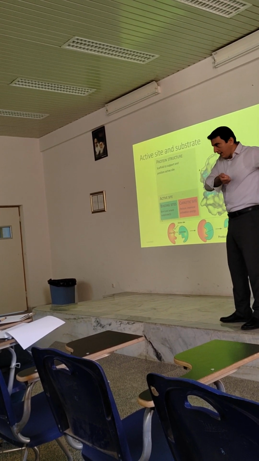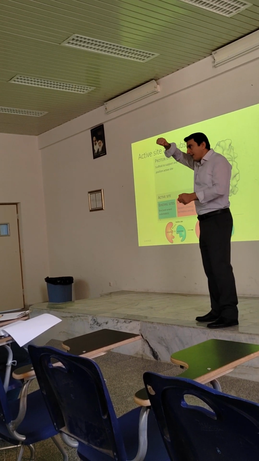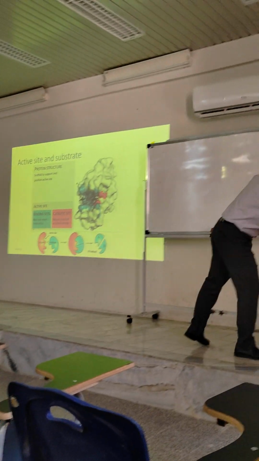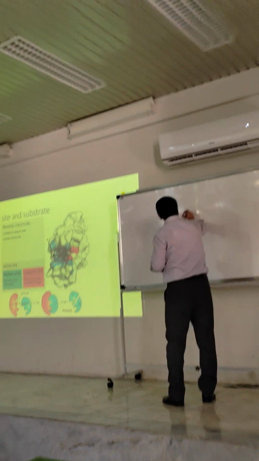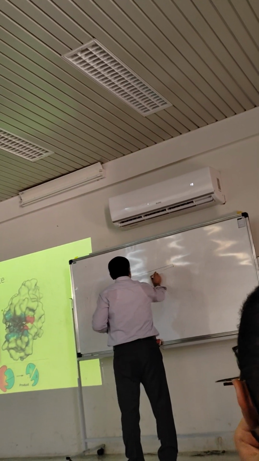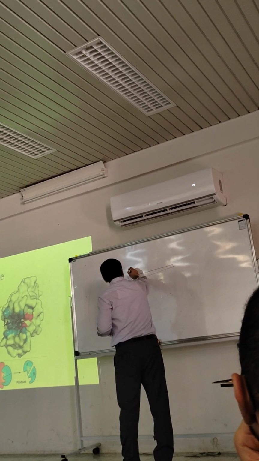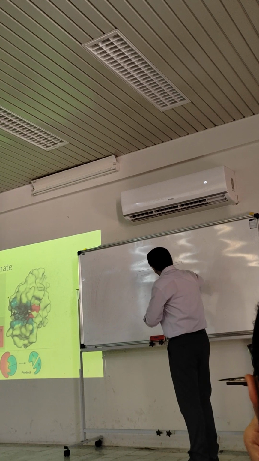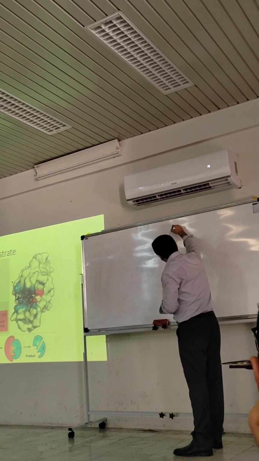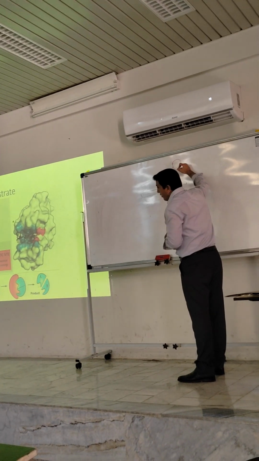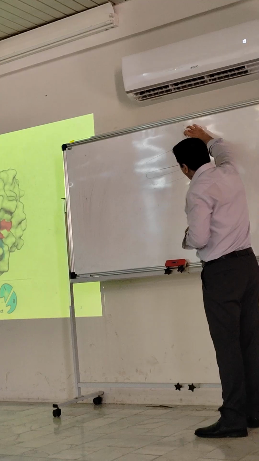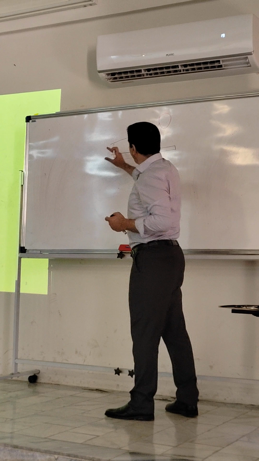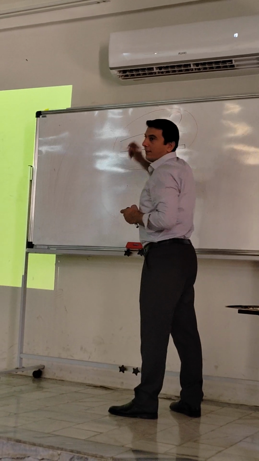You put the metal inside, but just the cutter of this metal is a blade. The blade is located here. This is the catalytic site. This is the binding site, and totally this is the active site. Okay.